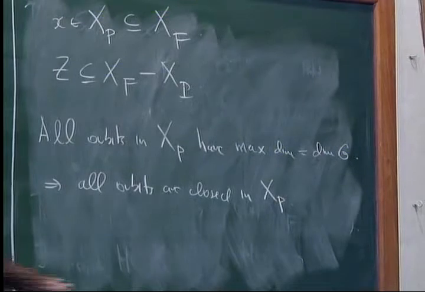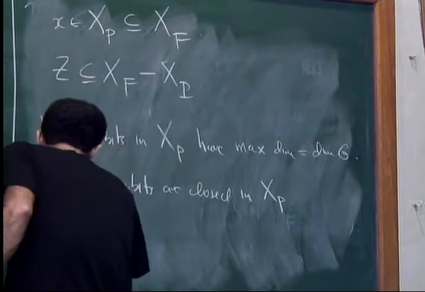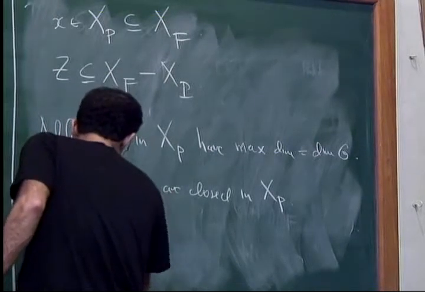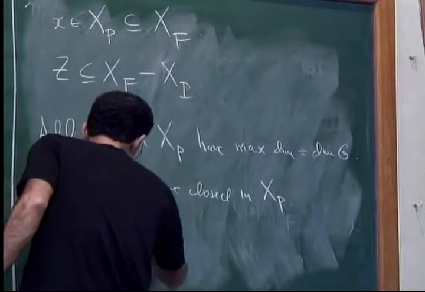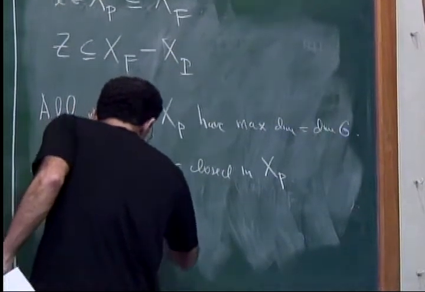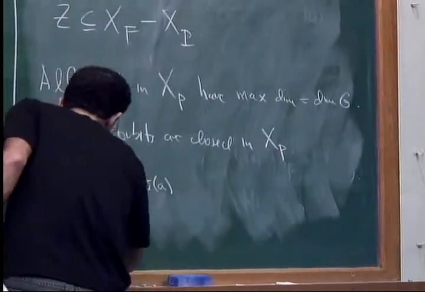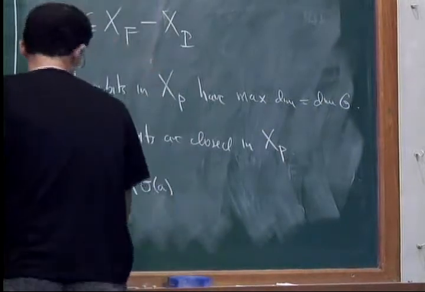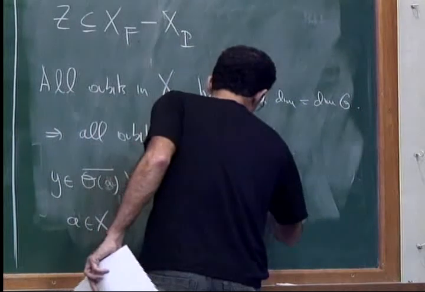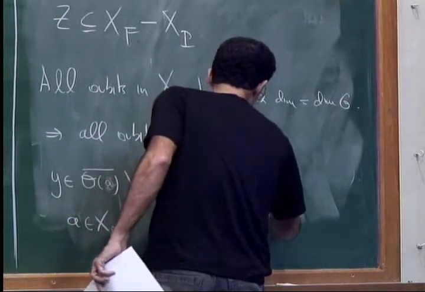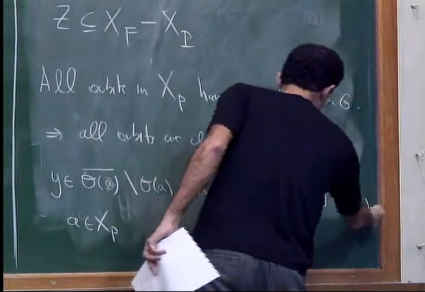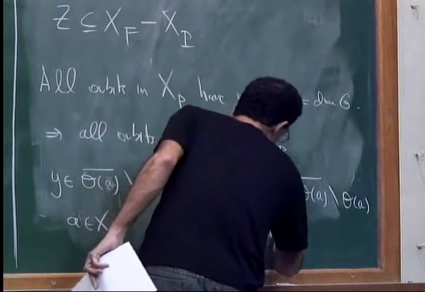Right? So what I'm saying here is that if y belongs to the boundary of some orbit in XP, so also in XP, then the orbit will also be contained in the boundary, and then the dimension would be smaller.